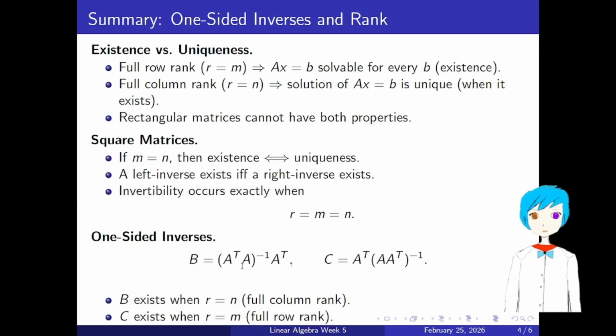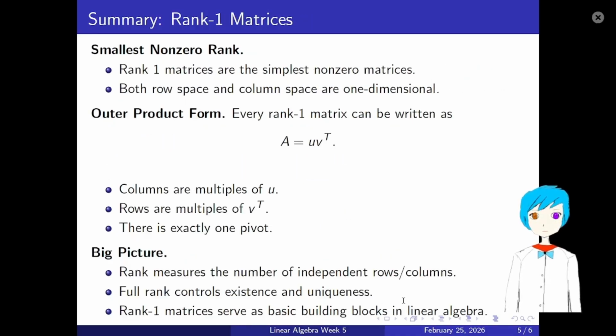For the one-sided inverse, the left inverse can be given by this formula, and the right inverse can be given by this formula. Note that the left inverse and right inverse may not be unique. The left inverse exists when the matrix has full column rank, while the right inverse exists when the matrix has full row rank.